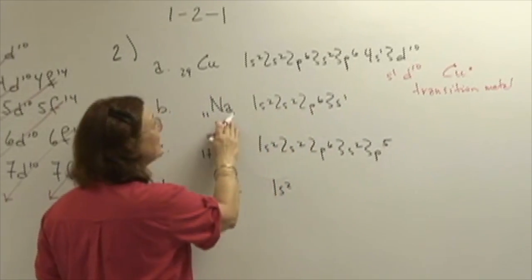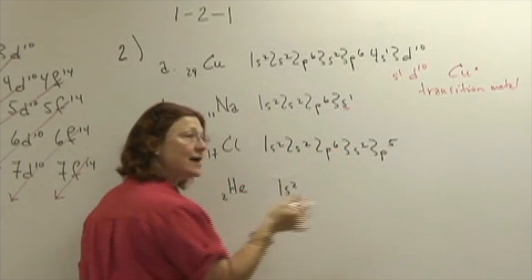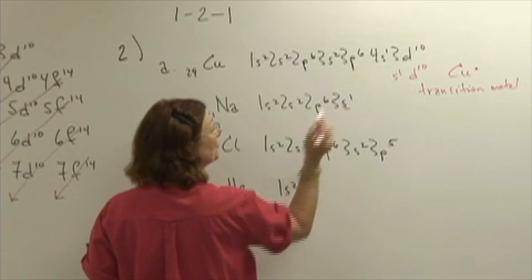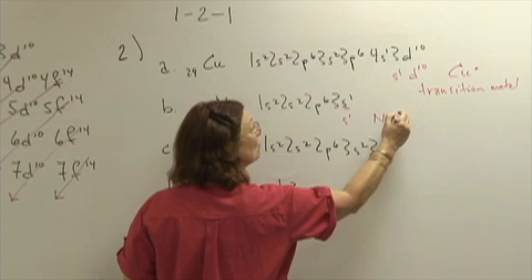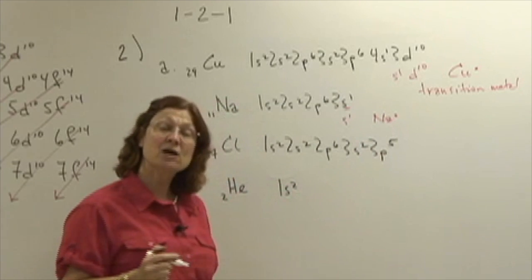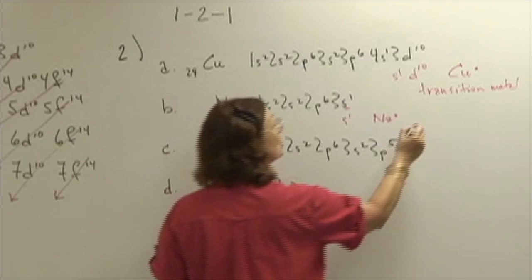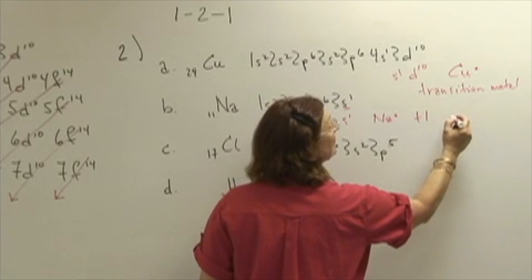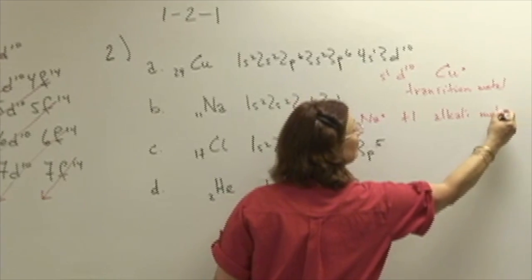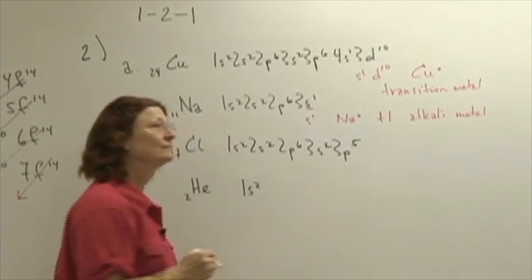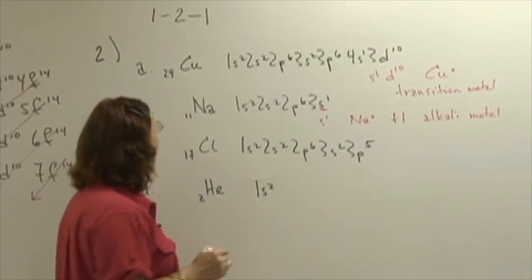Then sodium ends in s1. The highest energy level is the third energy level, and I have an s1, and therefore sodium will have 1 dot. Its oxidation number is +1, and its family is alkali metal, in that first column.